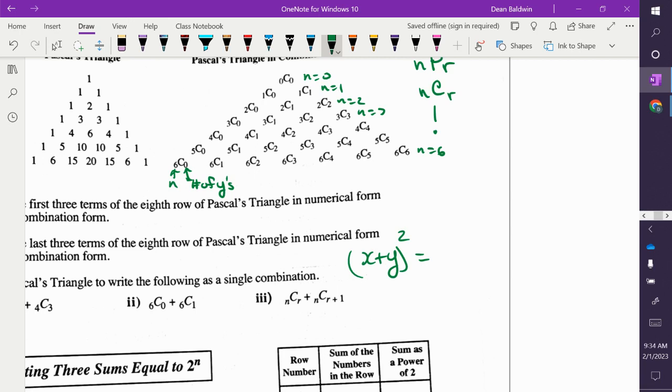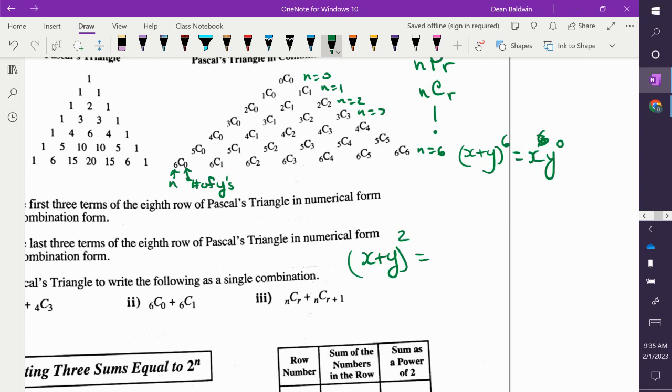But if you think about it, in the first one, if I'm doing x plus y, so say this is (x + y) to the 6, we know the first term is x to the 6, y to the 0, right? 6 choose 0. I have 0 y's in the first term. When you go to the second term, you know you have 1 y because the y's go up by 1 and the x's go down by 1.